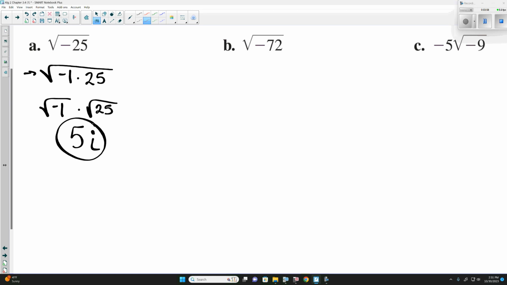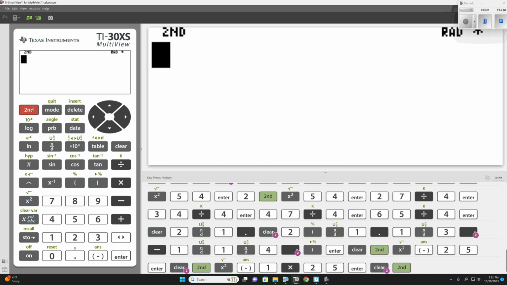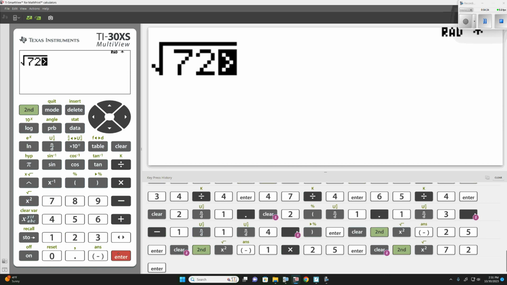So really all this is saying is that the negative is going to come out as i, and then we just need to simplify the radical. So if we look at the square root of negative 72, well, we know the negative is going to come out as i. Now what that leaves us with is the square root of 72. Well, I can take the square root of 72, and we get 6 square root of 2.